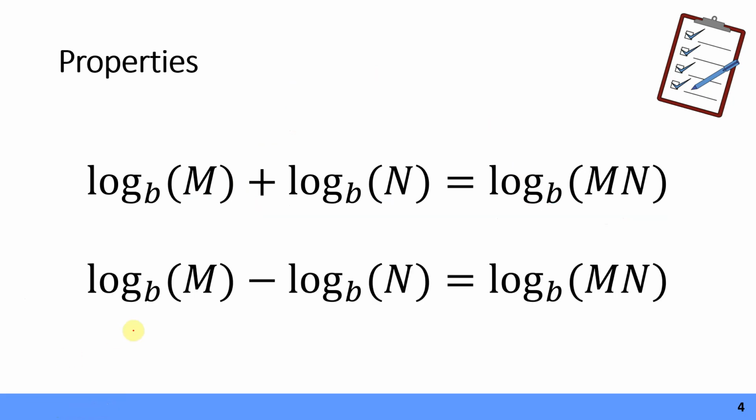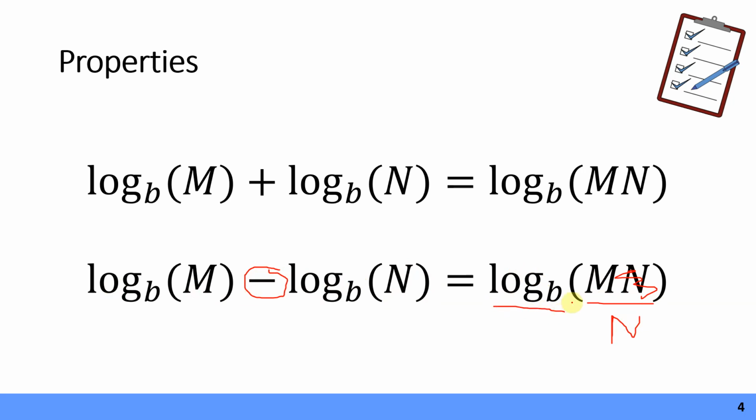Now, there's a second property. If you have two logs that have the same base, but they're being subtracted, you're going to have the same log, and I'm so sorry about this, let me fix this here. It's going to look like this. So if you have two logs with the same base that are being subtracted, you squish them into one log.